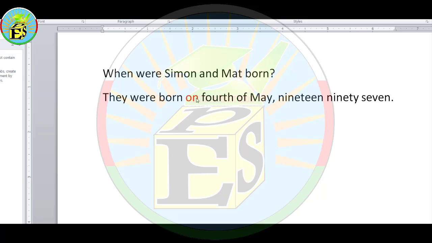The preposition on, because we have the whole complete date, on 4th of May, then comma, and then we will write the year, which is 1997. Of course, you have to write the names of the months with big letters, right? So the same as you have here, we write May with capital M.